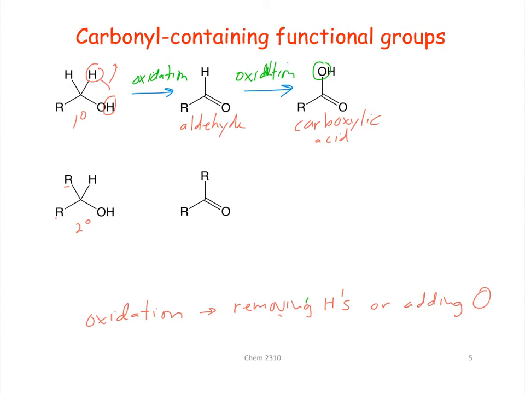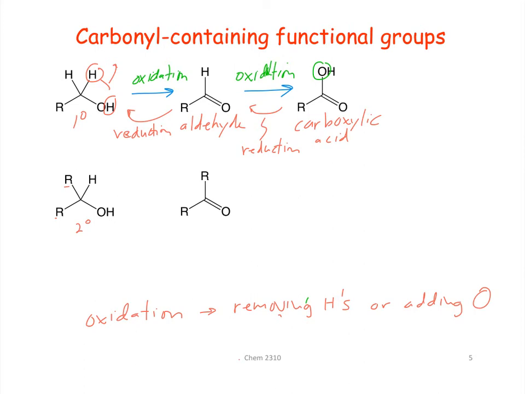Okay, so if those are oxidations, what would it be if we went the other way? Right? The other way is going to be a reduction, right? Oxidations and reductions are going in the opposite directions. Reduction. Alright, so primary alcohols, aldehydes, and carboxylic acids are all related to one another by oxidation-reduction chemistry.